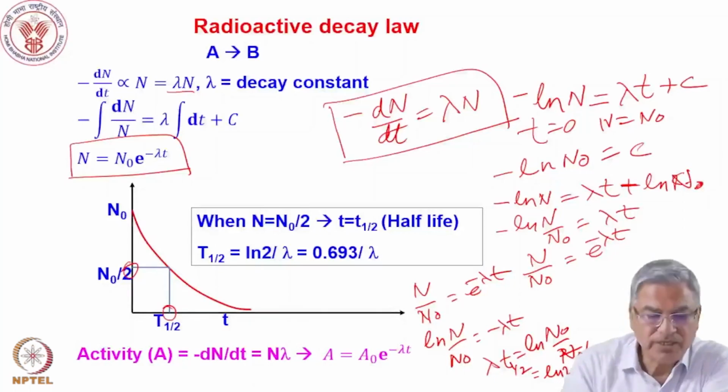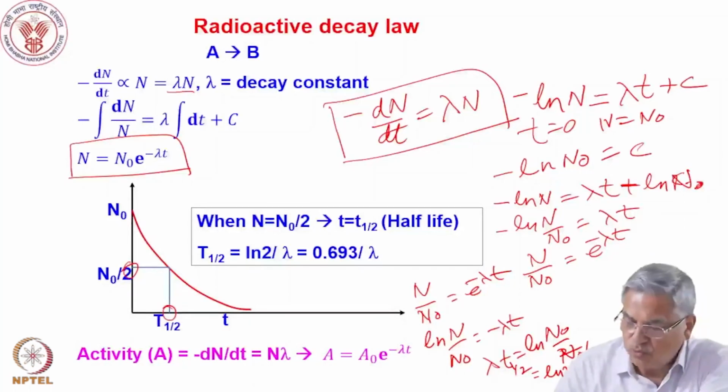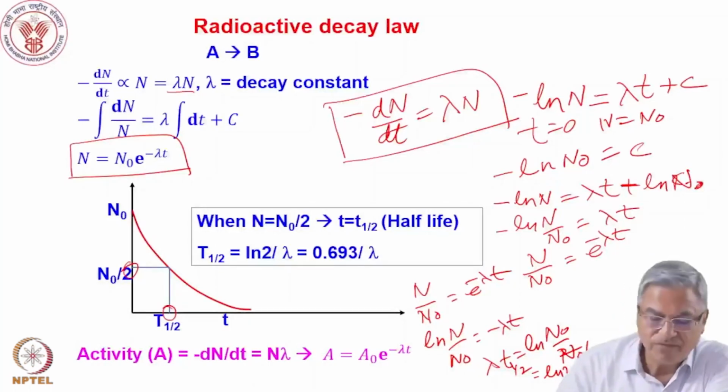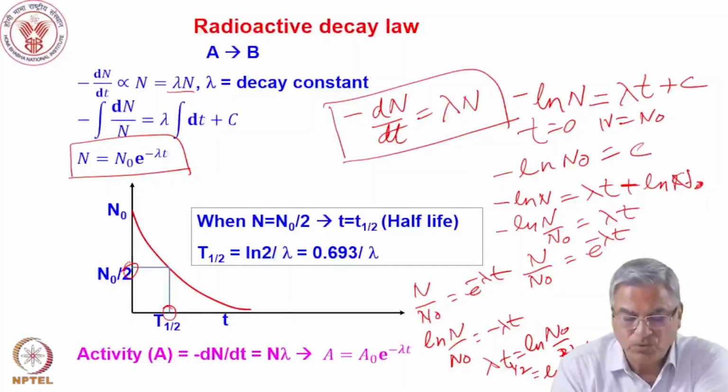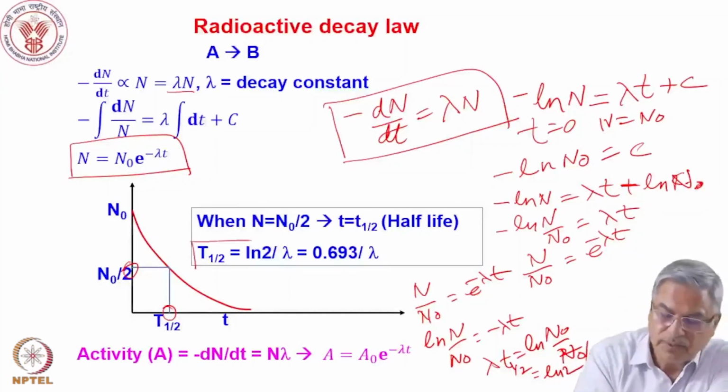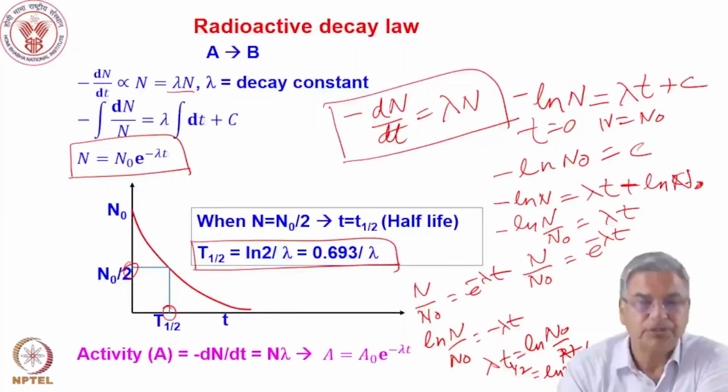So you can see here, lambda equals ln 2 by t half, or t half equals ln 2 by lambda, and ln 2, the natural log of 2, is 0.693, upon lambda. So this is the relationship between half-life and decay constant.